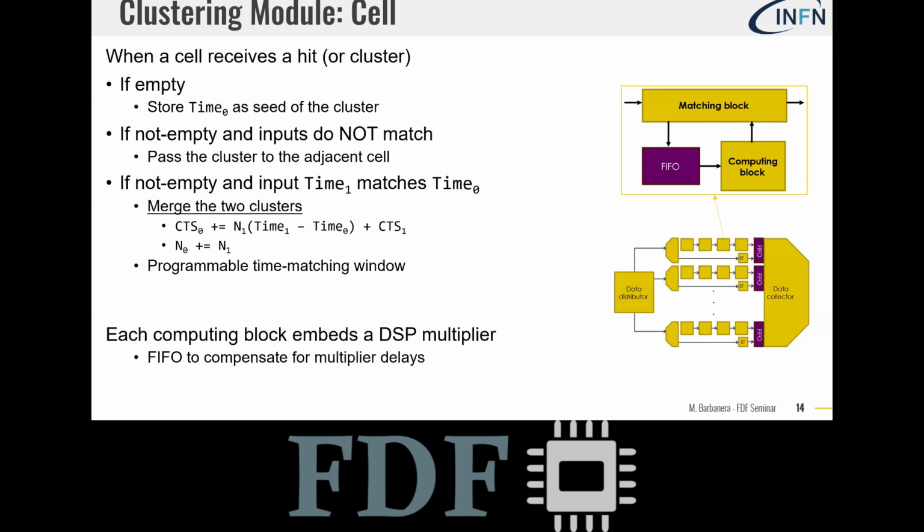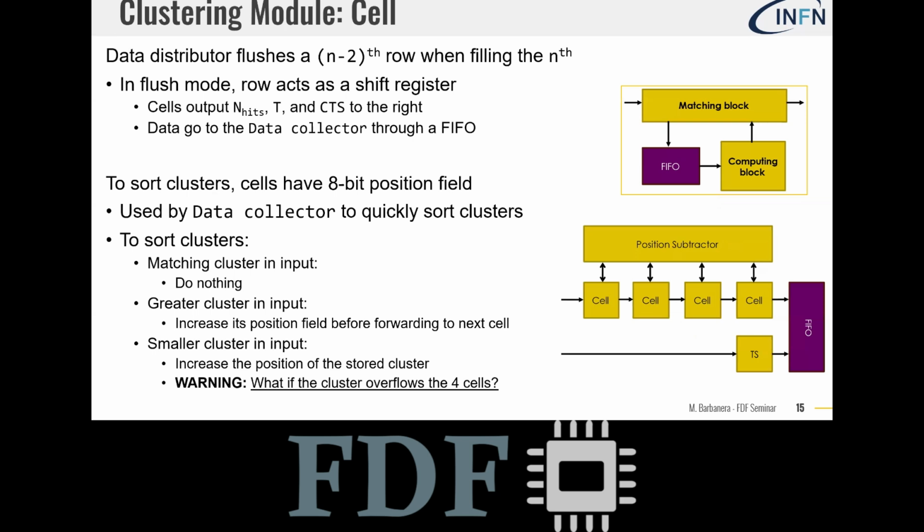As we saw, the data distributor has to handle these corner cases in which the cluster time is between two of these rows, and because of this, when filling a row, also the previous row can be filled. And this comes in handy when we have to read the rows.